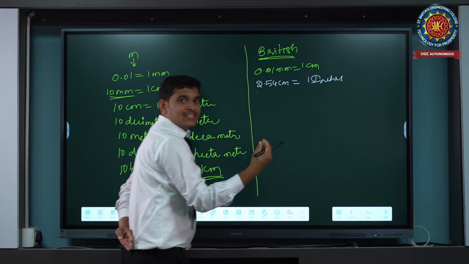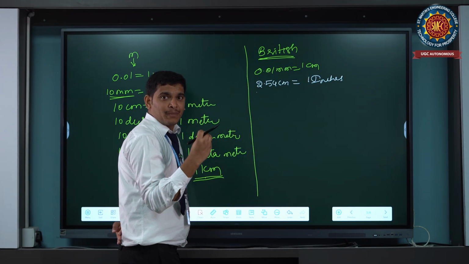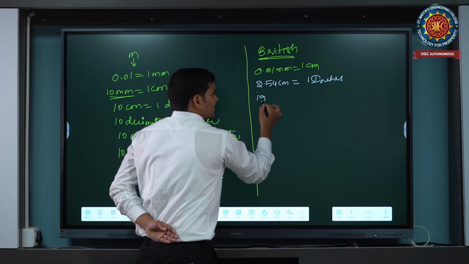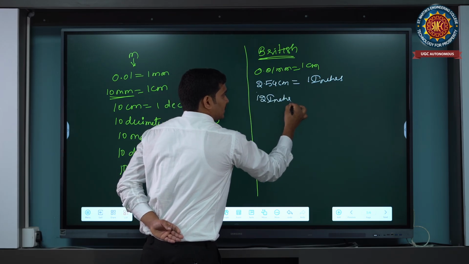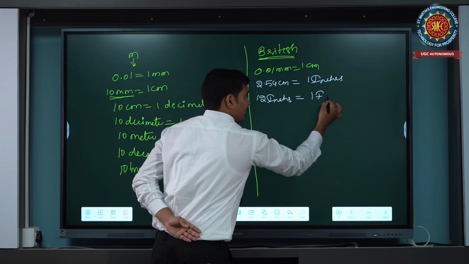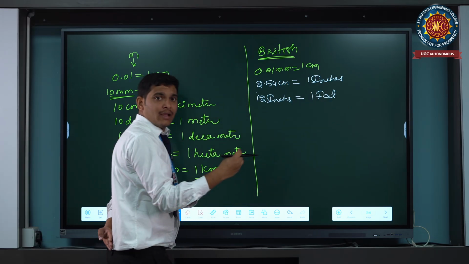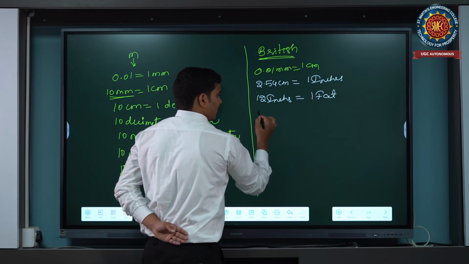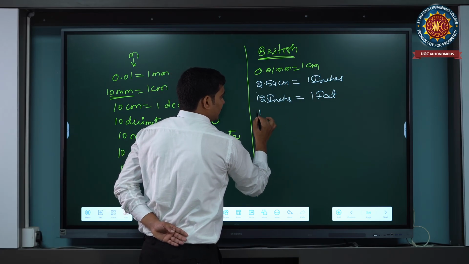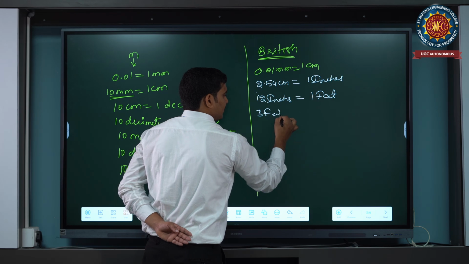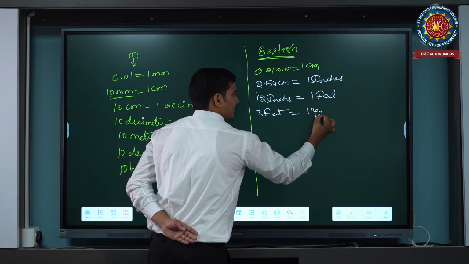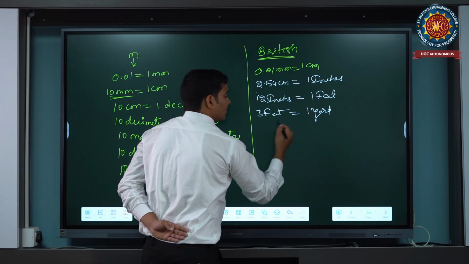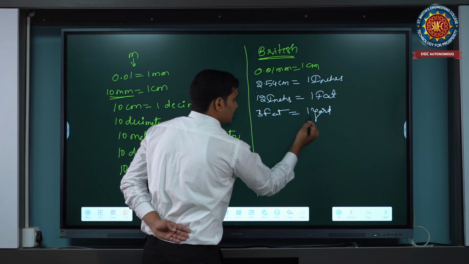Civil engineering mainly depends upon inches only. Now, 12 inches equal to 1 foot. Mainly discussing feet, 3 feet equal to 1 yard.